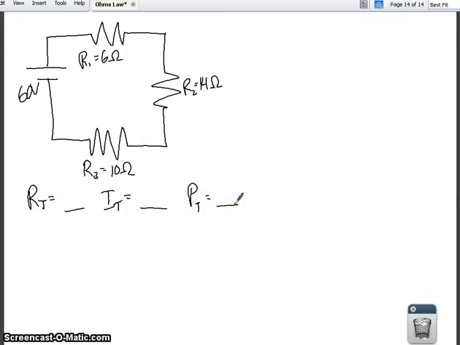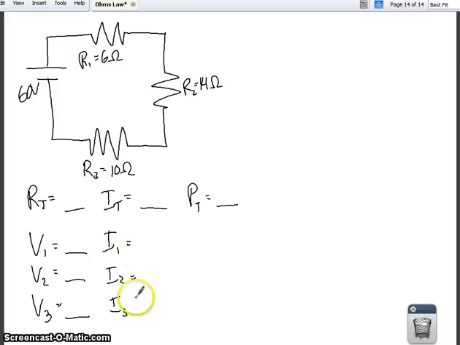We are also going to find the voltage across each resistor. We are going to find the current for each resistor. And then we're going to find the power for each resistor. Okay? So we're going to go through the whole thing, okay? So let's start off with total resistance.